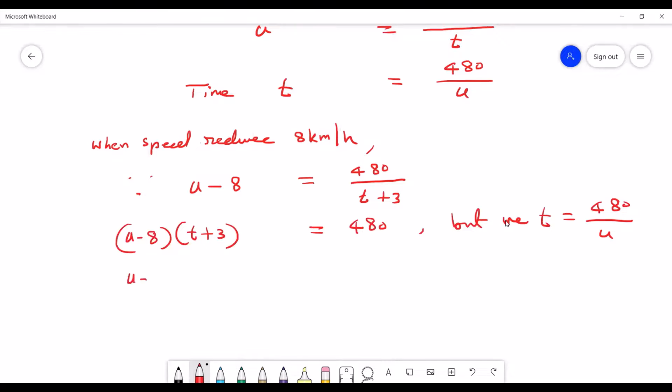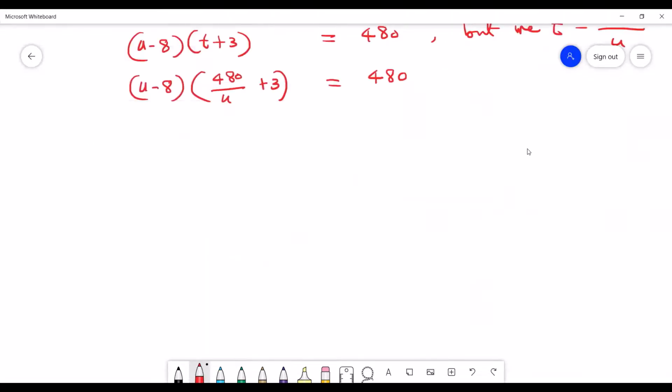So this will become u minus 8 into 480 divided by u plus 3, and this is equal to 480.